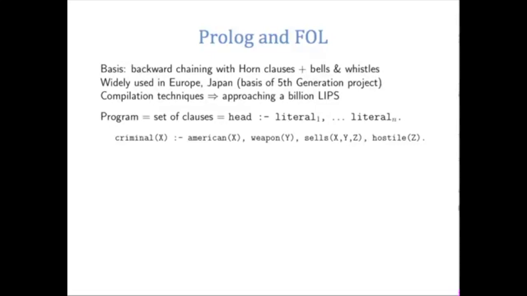And so if we have just the head with nothing on the right-hand side there, that's a fact that's known. And if we have a head with 1 or more literals, then we know we have an implication. So for example, we express our example we just did as criminal X if American X, weapon Y, sells X, Y, Z, and hostile Z.